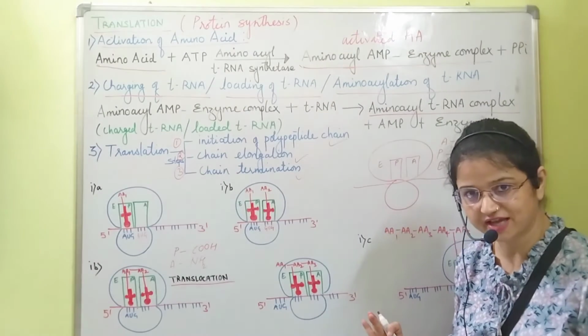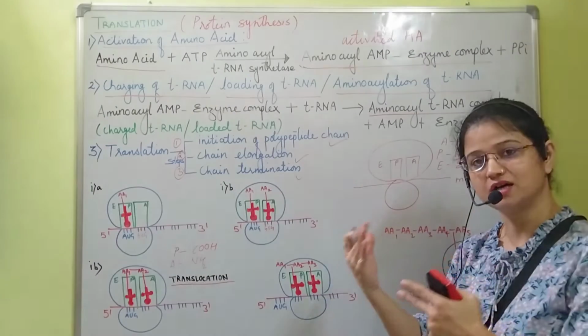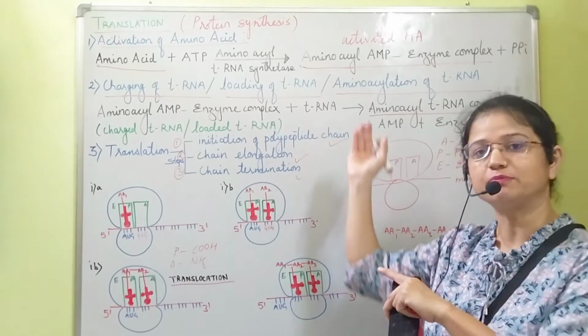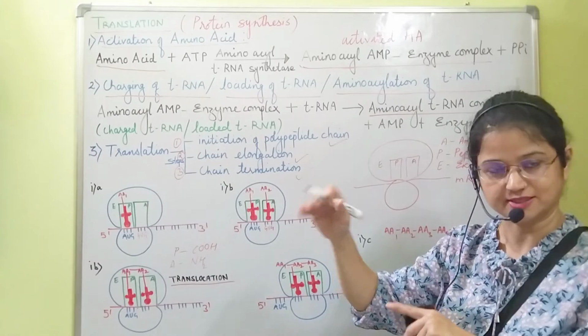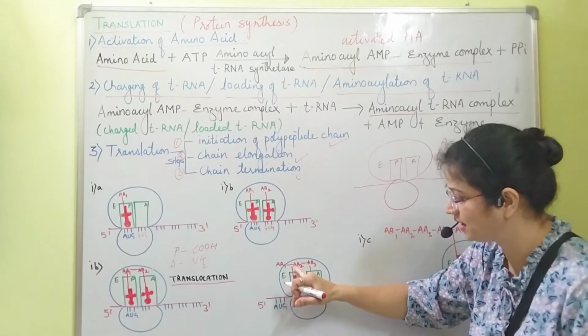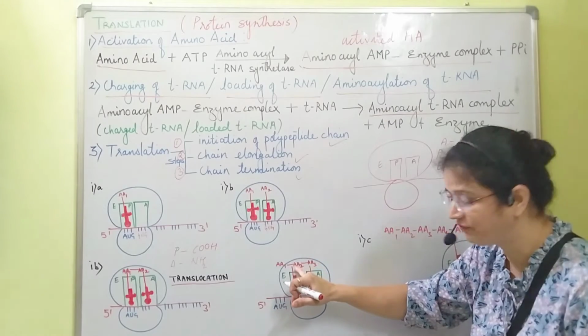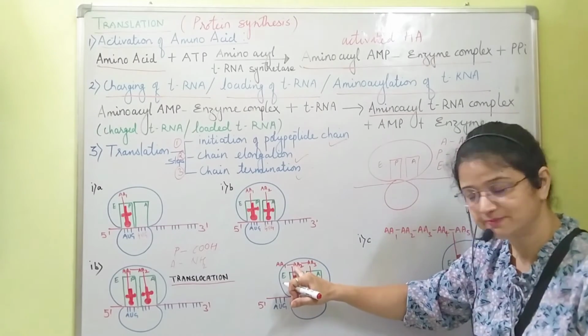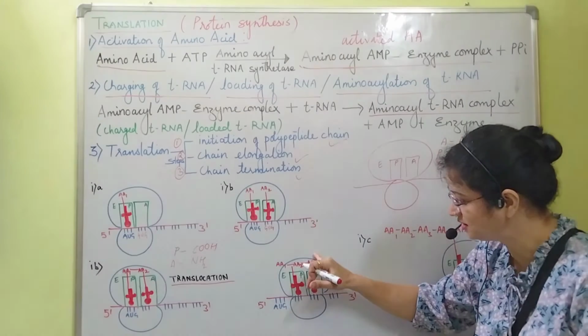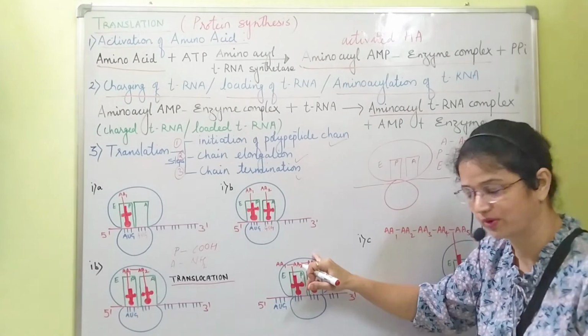Now we will get a free A site. Now the next codon will be whatever the tRNA will bring, that particular amino acid. Clear? Again there will be bond formation between the carboxyl group of the second amino acid and the amino group of the third amino acid.